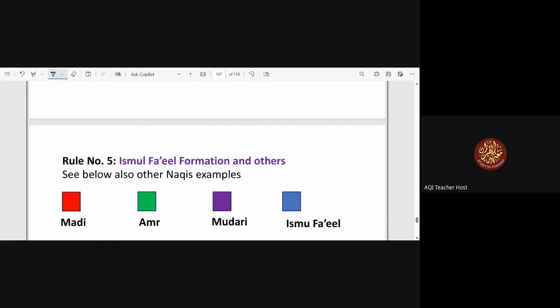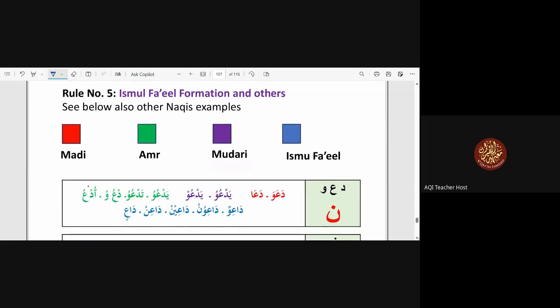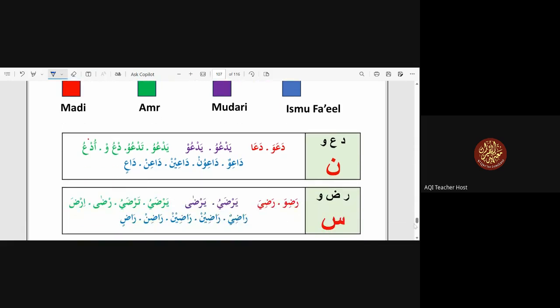The next rule is about ismul fa'il formation, and other rules are also included in this chart. It is all about madi, amr, mudari, and ismul fa'il, and this is for bab nasara.